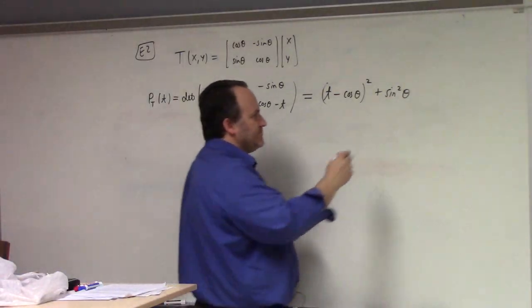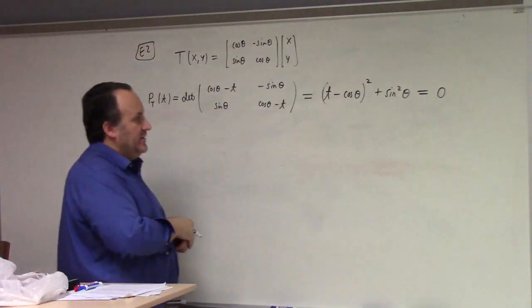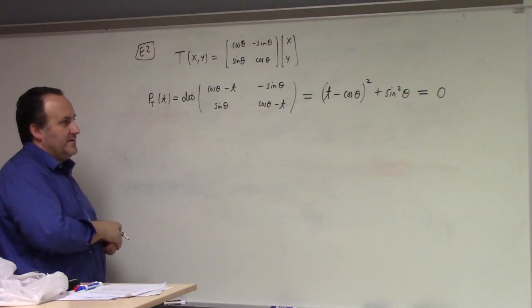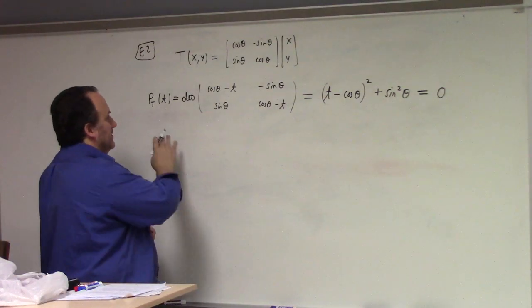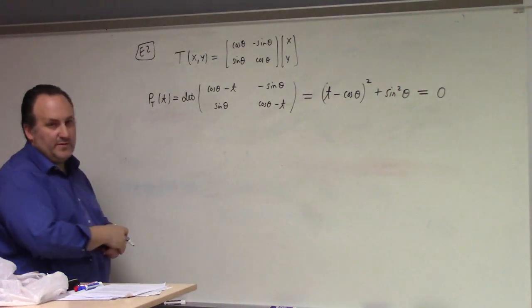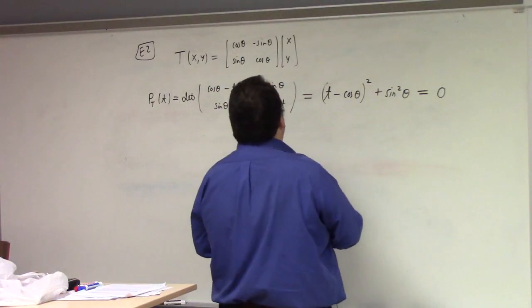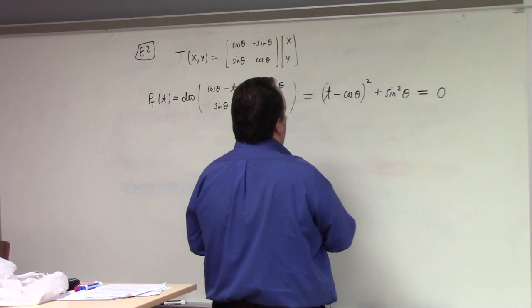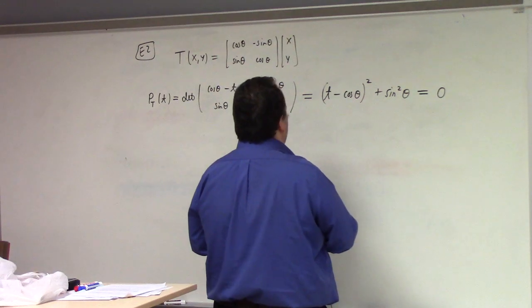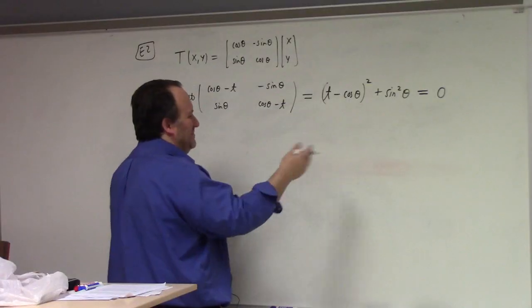If we put this equal to 0, that would be what we would want to do to find the eigenvalues. Eigenvalues are zeros of the characteristic polynomial. Well, let's finish this.